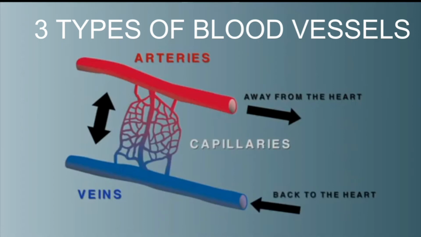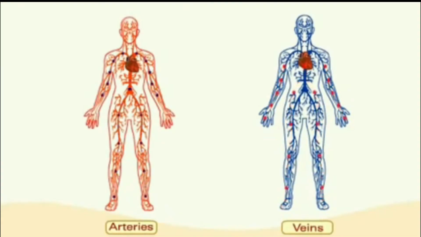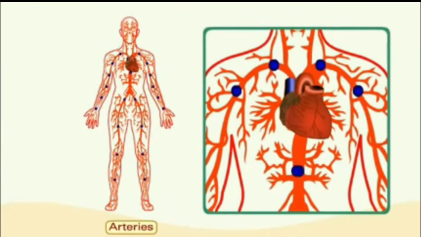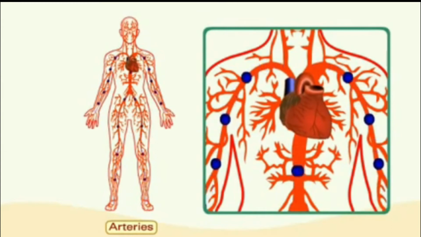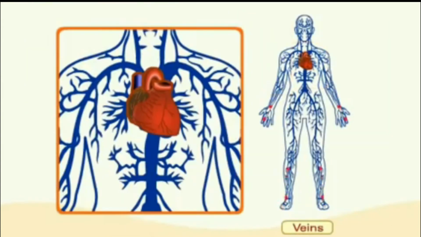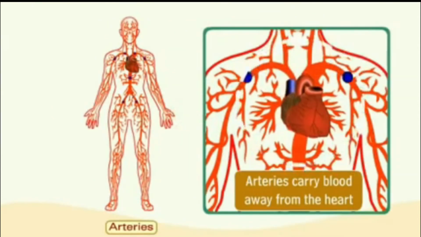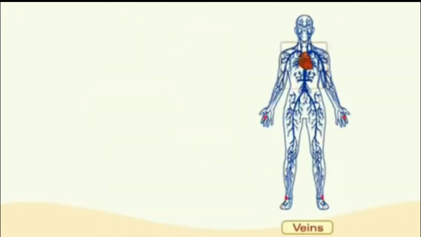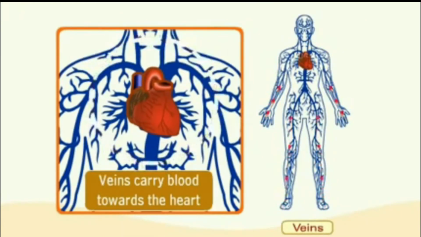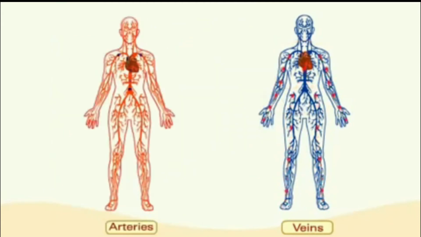Let's talk about them one by one. Look at the given presentation on how blood flows from and into the heart. You can observe that arteries carry the blood away from the heart, while veins carry the blood towards the heart.